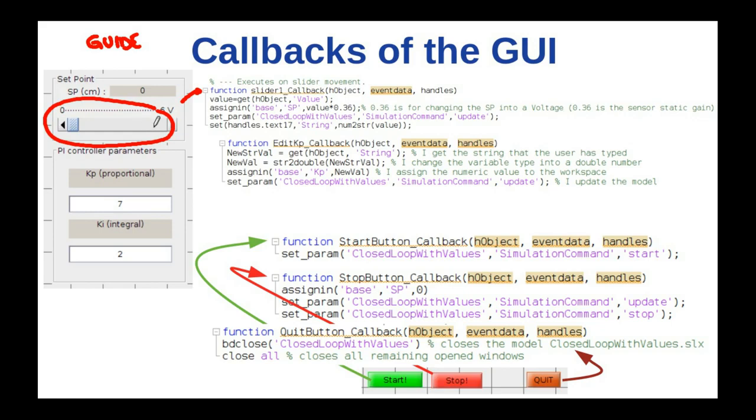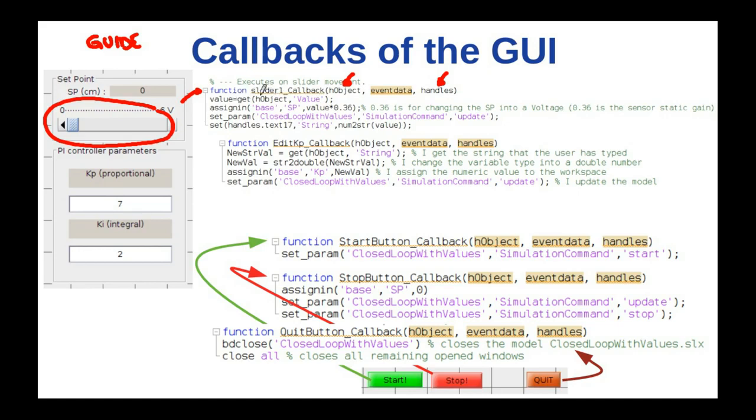Then in callback we have the create function and others, but among these others we have properly the callback. As you can see here, this function has these input arguments that I will refer to in a while. First of all, the hObject will allow us to get some specific fields or parameters of this object.